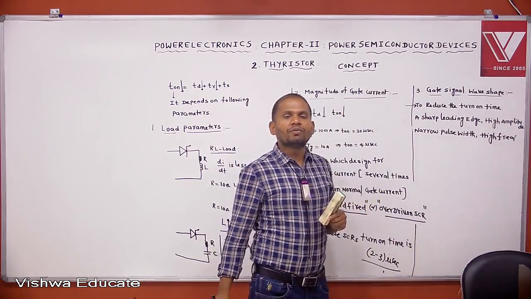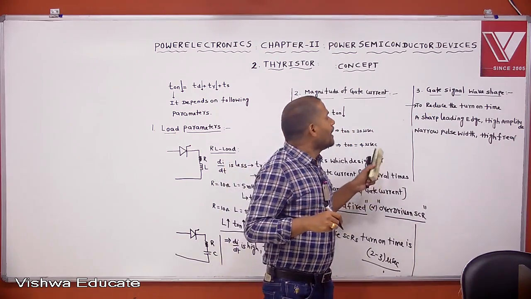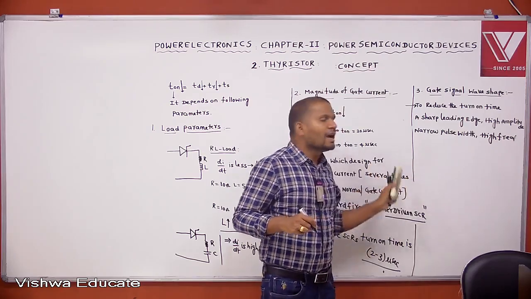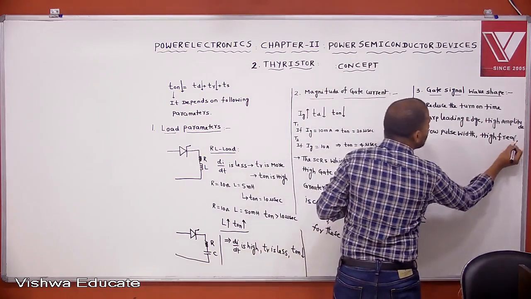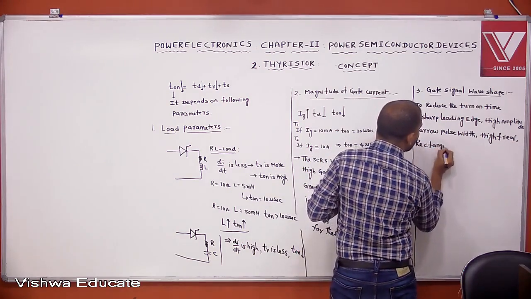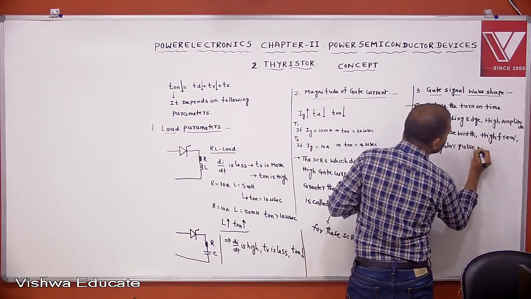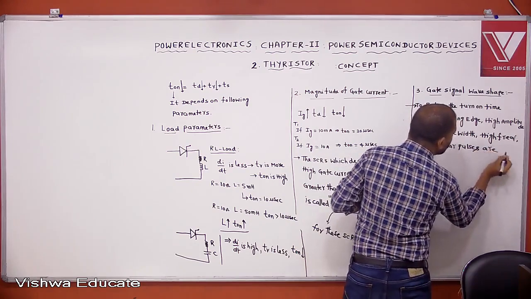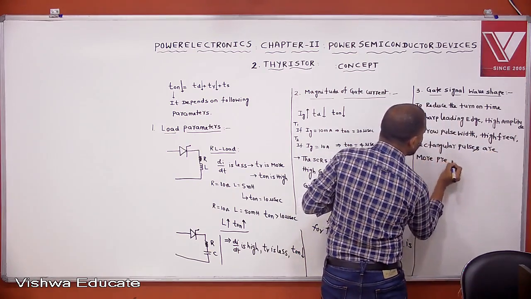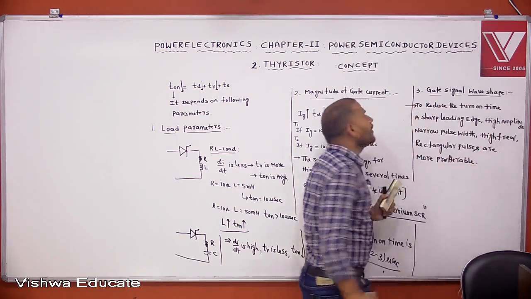What type of gate signal wave shape is preferable? A sharp leading edge, high amplitude, narrow pulse width, high frequency. Rectangular pulses are more preferable. This is the selection of gate signal wave shape.